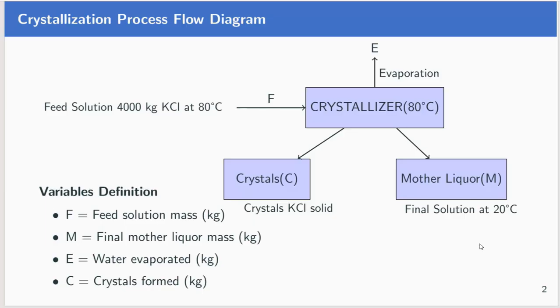There is also evaporation E, where water vapor leaves the system. Here the variables are: F equals feed solution, M the final mother liquor mass, E water evaporated, and C equals crystal formed.